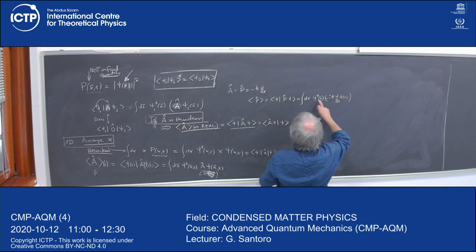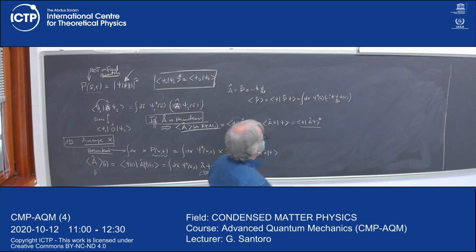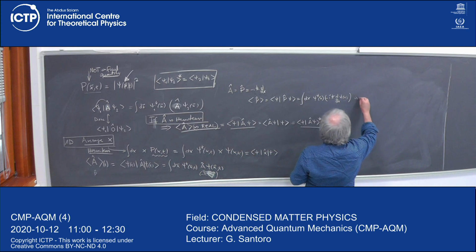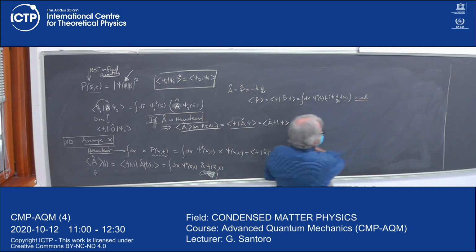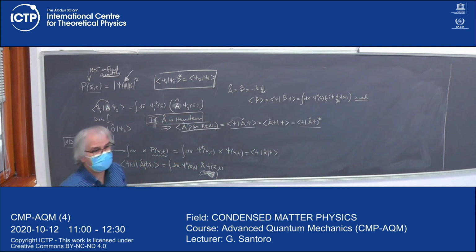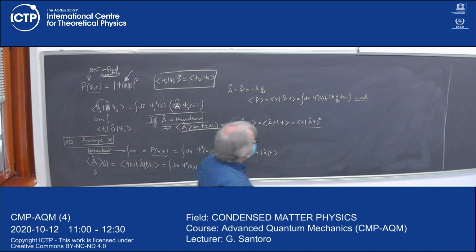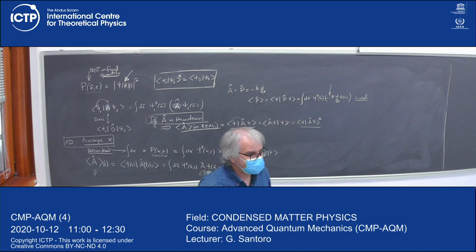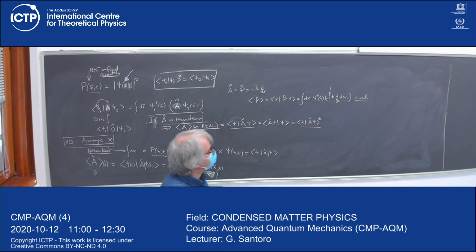Okay? Let me omit the dependence on t, it's not important. So this object is real. We just showed it in general because P is Hermitian. And notice here there is an i. So it is real in spite of the i, or maybe I should say because of the i.